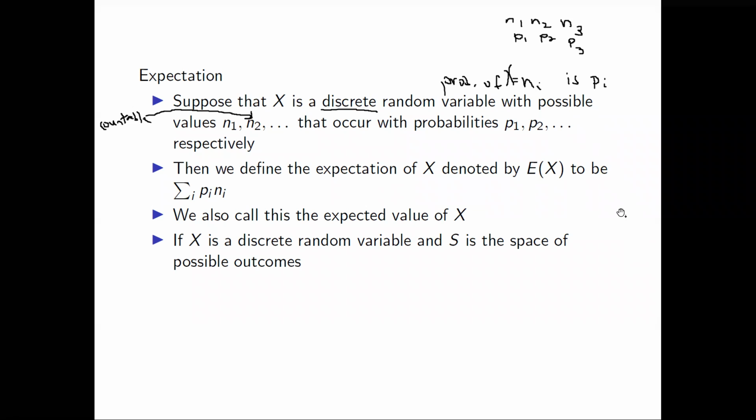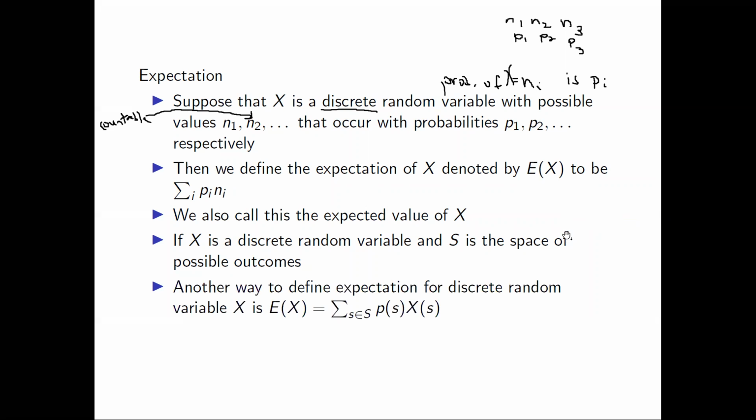Another way that we can define expected value, which is convenient for proving some things about it, is if we define S to be the space of possible outcomes and X is a discrete random variable on this space, we can define the expectation of X to be the sum over the possible outcomes in S of the probability of the outcome little s times X of s right here.